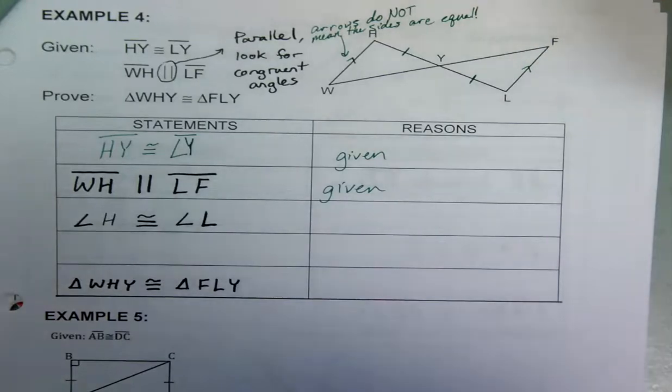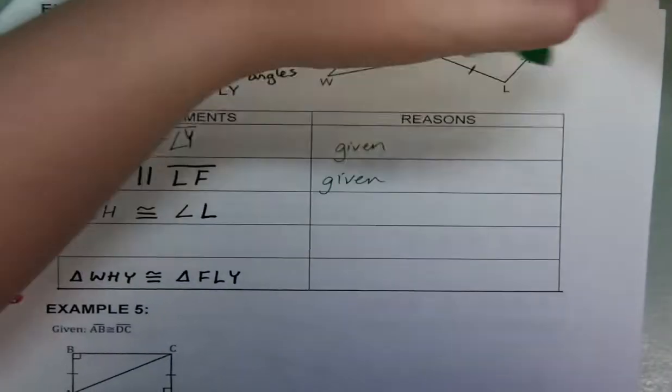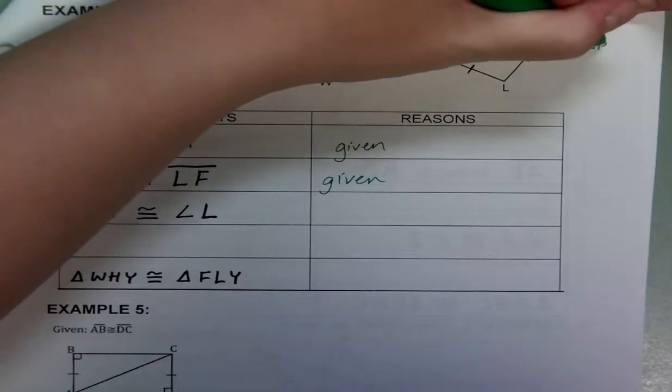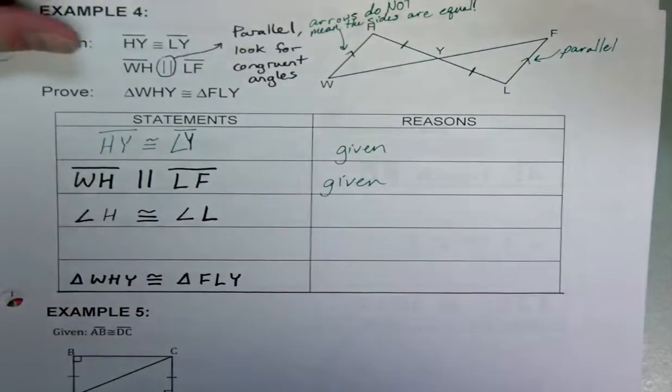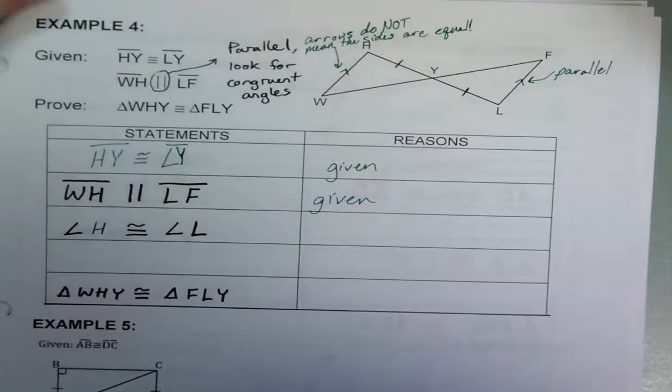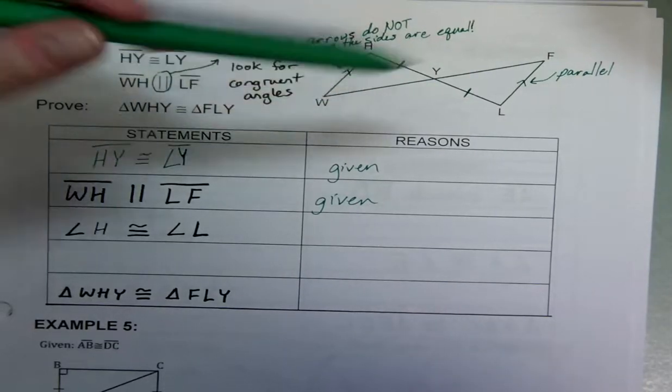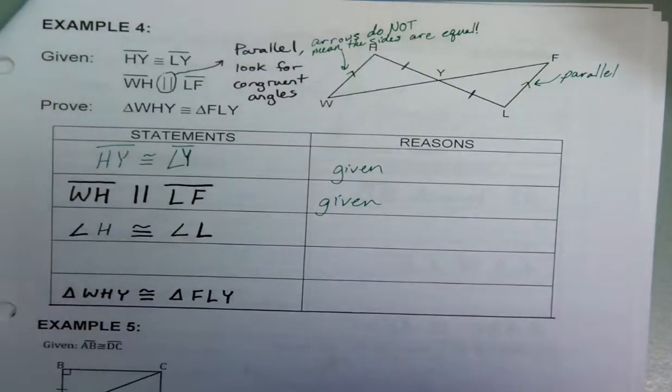Okay? They show that they are parallel. Those are parallel symbols. Do not confuse them for showing they're equal. We do not know that HW is congruent to FL. We do not know that.